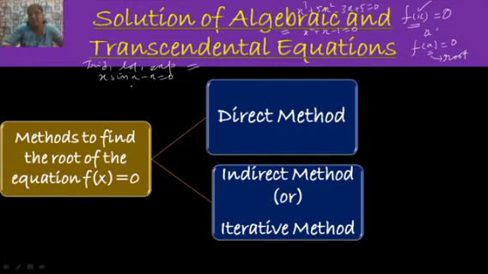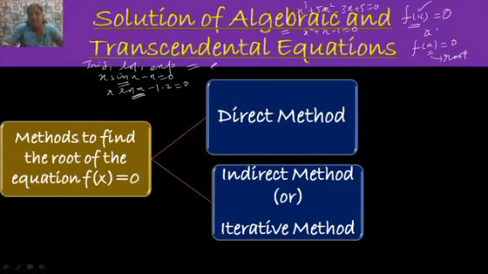It is a transcendental equation because it consists of a trigonometric function. It may be sin x, cos x, tan x, secant, cosecant, whatever that may be of trigonometric function. And a logarithmic function like x log x minus 1.2 is equal to 0. This is a transcendental equation because it consists of the logarithmic function log x.